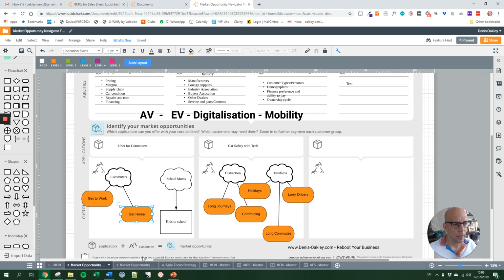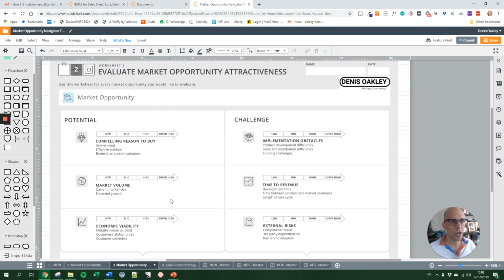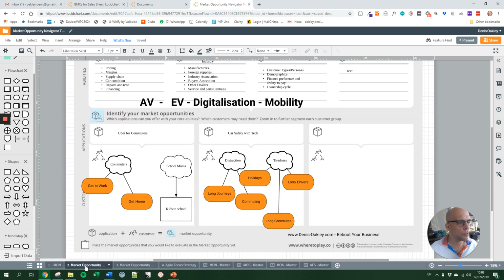Okay, so now let's go on to the next stage, and at this point we dive down deep. I'm only going to go into one of these, and okay, let's try the school mums, kids to school. There are already kind of commuter services doing that, but hey, why not take that and see what we can do.